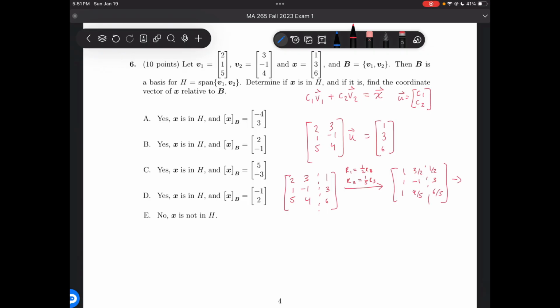Okay, then we subtract. I'm going to subtract the first row from the second row, and the first row from the third row. And if I do that, the first row stays the same, the second row becomes negative 5 halves, and the third row becomes negative 7 tenths.